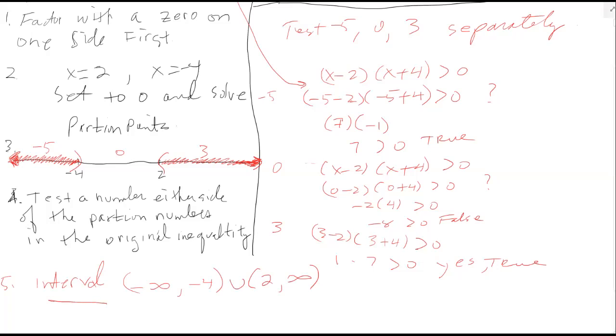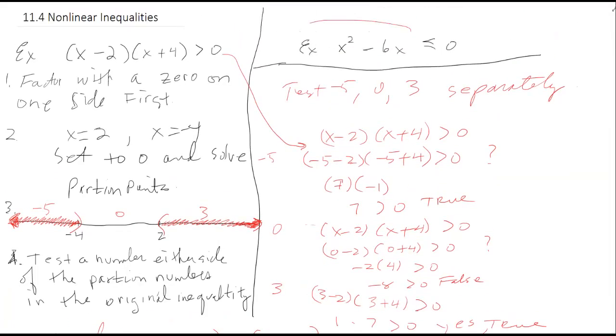So, okay, now let's see. Let's try another one here. Let's take this one here, and let's see. I'll bring that over. Let me just copy that. Let's get that on the next page.